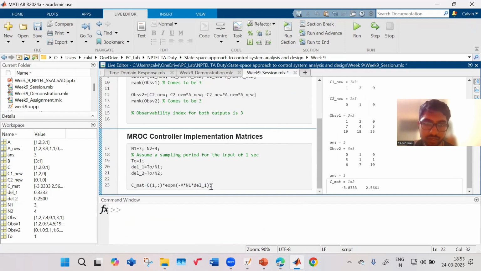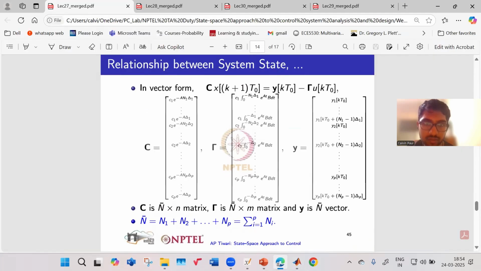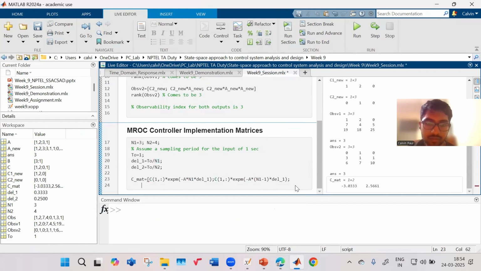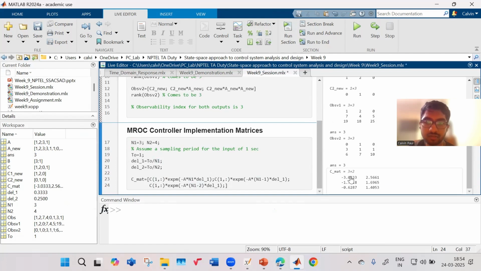Then it will be followed by this, n1 minus 1 into del 1, and then n1 minus 2. Then this one, it is a C matrix.